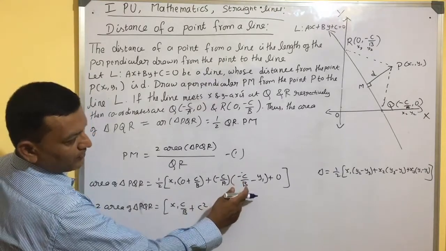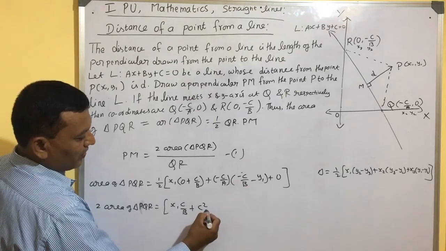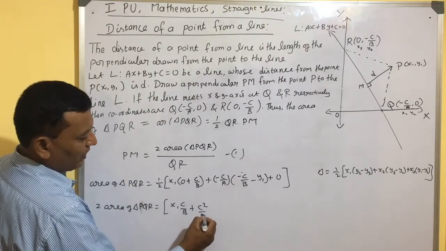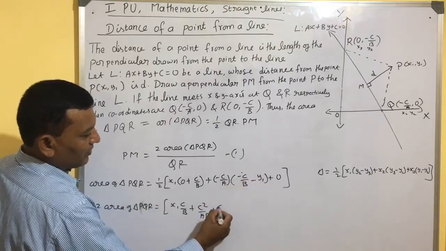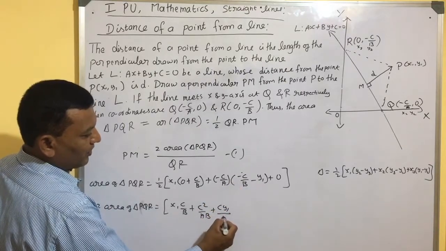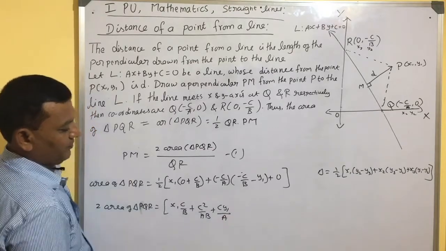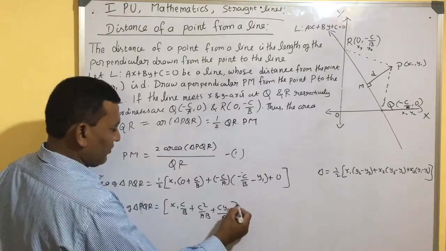It is y3, c square by ab, plus minus into minus again plus cy1 divided by a. So 0 we need not write.